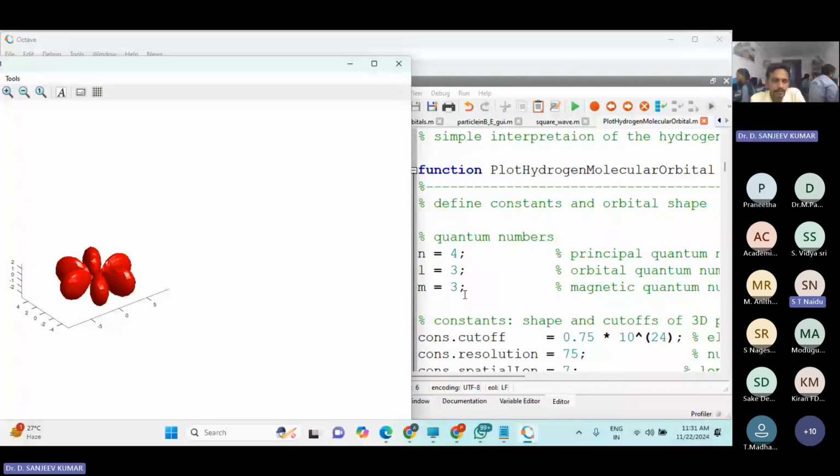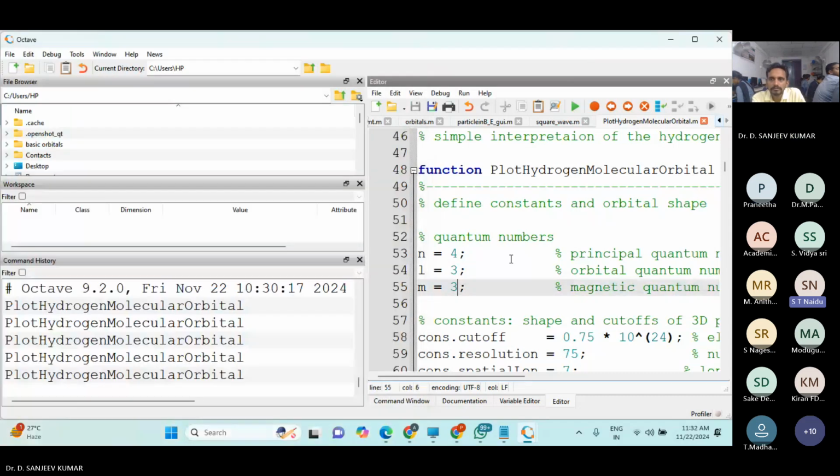So you get 6 rows. So this is how you can plot different atomic orbitals.